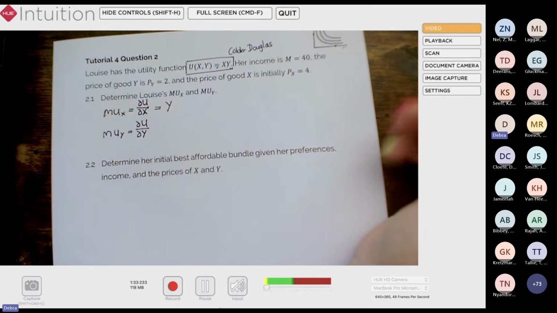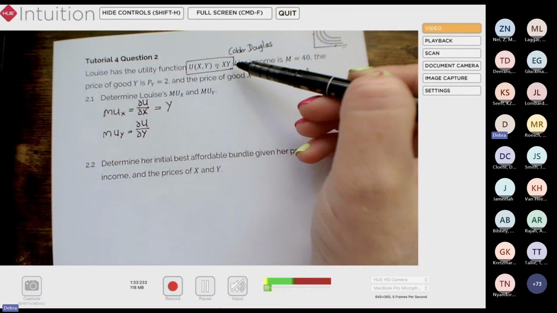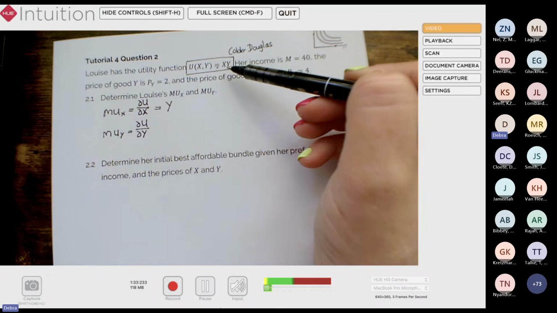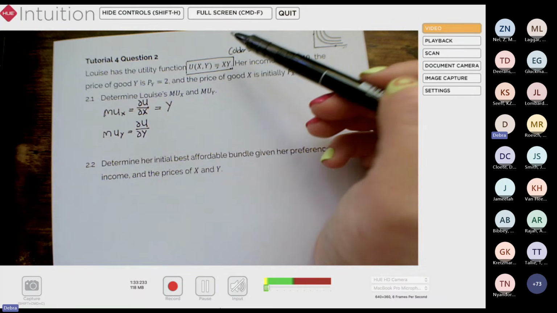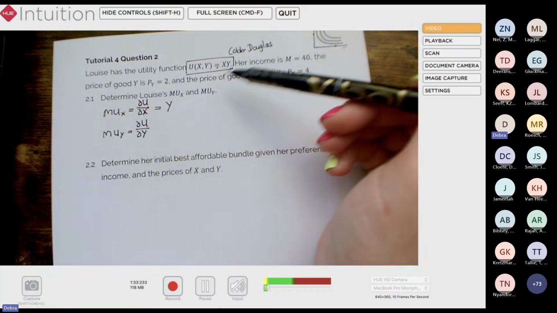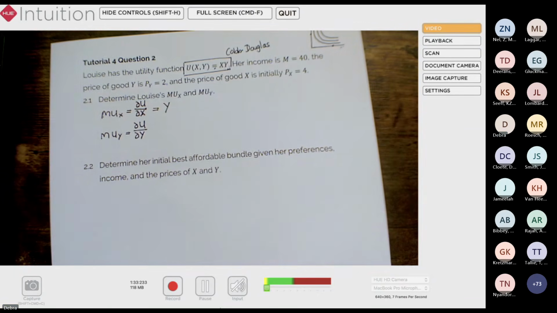It's the same as if this was 2x. If I was taking the first derivative of the function 2x, 2 would just be the number, and so the first derivative of 2x with respect to x would be 2. It's the same thing here. y is just now a number, some constant value. So the MU of x is y.